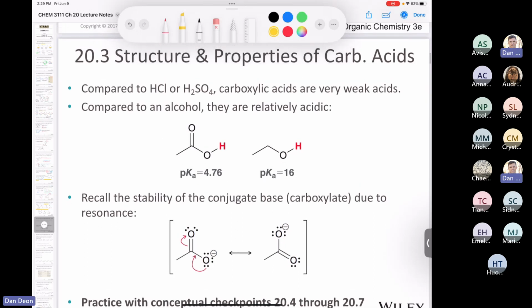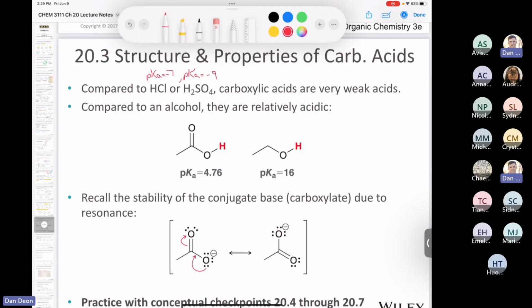But if you compare a carboxylic acid like benzoic acid or acetic acid to sulfuric acid or hydrochloric acid, these are two completely different things. These are very, very strong acids. This has a pKa of minus 7, and this has a pKa of minus 9. We're talking about a pKa of 5, so we're talking about 10 to the power of about 14 difference in relative acidity.